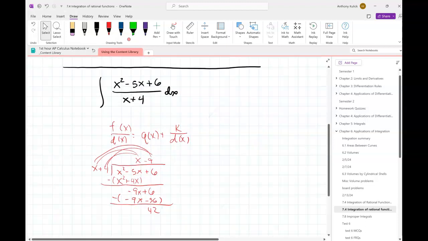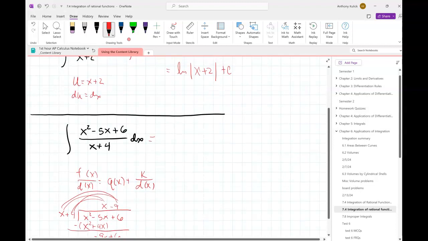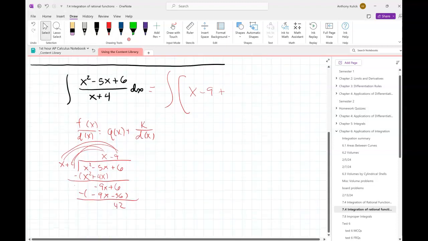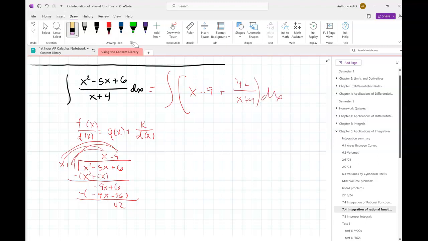So what I'm saying here is that I can rewrite this then as the integral of x minus 9 plus 42 over x plus 4. Which is great. I can integrate x minus 9.